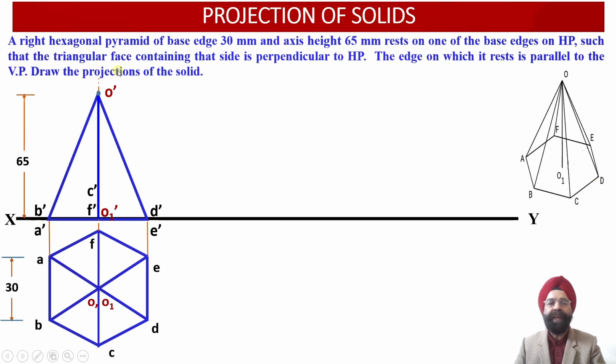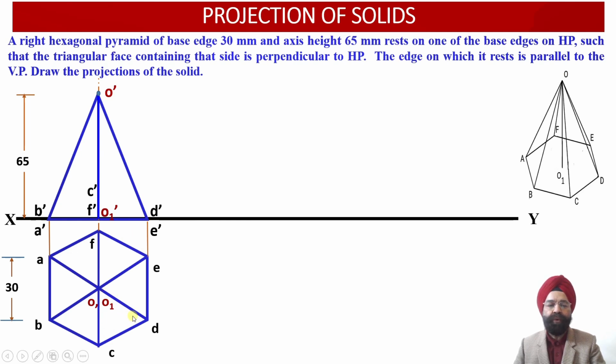So this happens when I rotate this hexagonal pyramid about this axis over here in this direction. But another condition has to be satisfied: this triangular face ODE, which contains the base edge resting on the ground. You can check the edge view corresponding to this particular slant face over there.